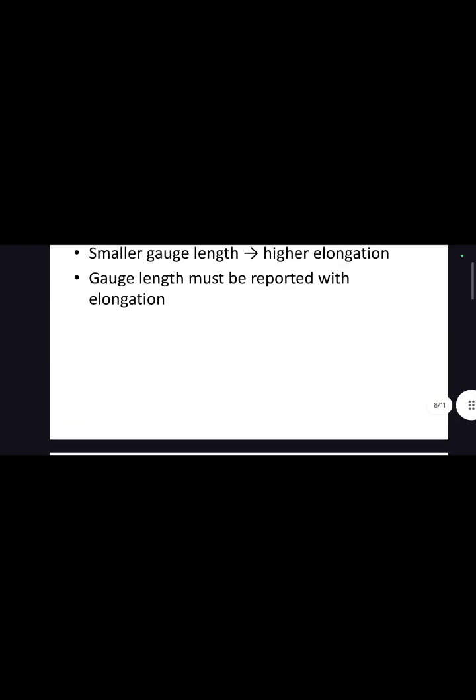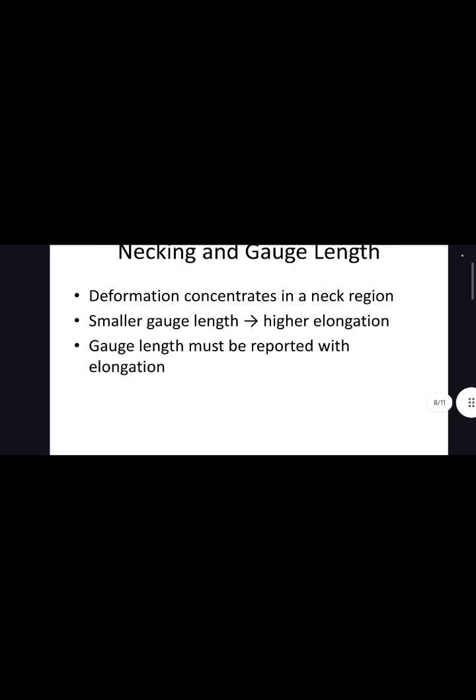There is also another point. There is a relationship between the reduction of area and elongation near fracture. During plastic deformation, the volume of the specimen remains almost constant, so we know that AL is equal to A naught times L naught.